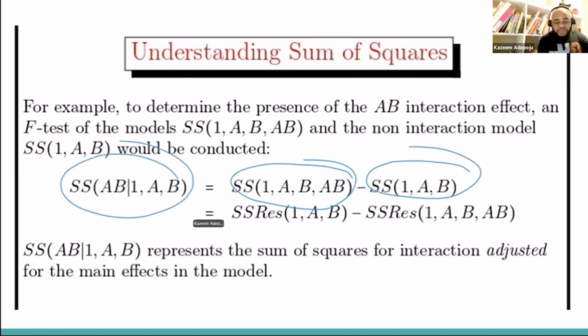The SS interaction here means I'm adjusting for AB, putting into consideration the main effect of A and the main effect of B.